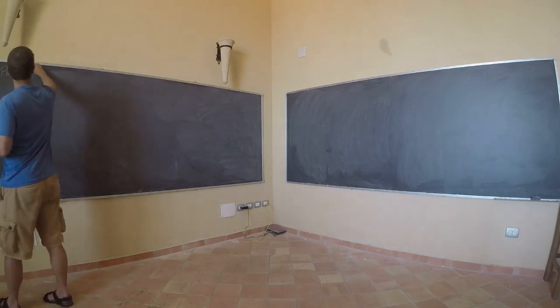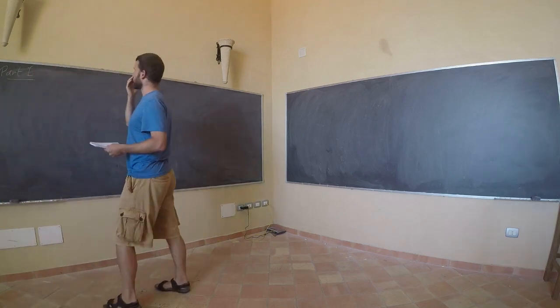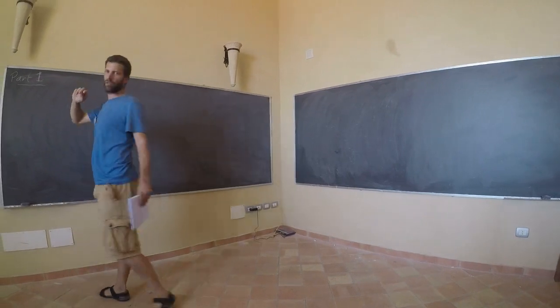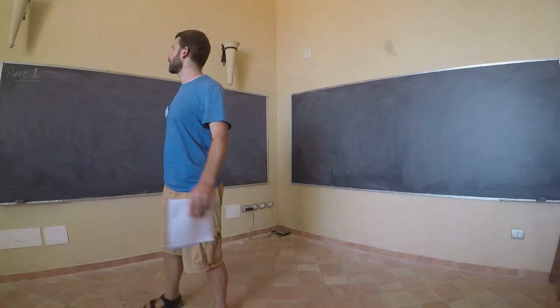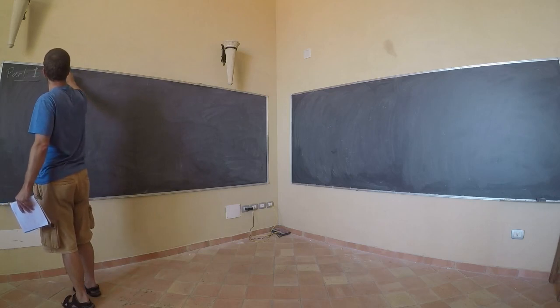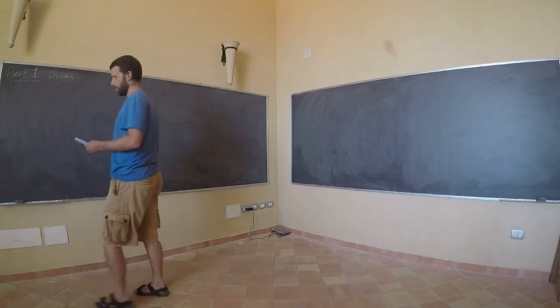Okay, so I'm going to try and do two sections to the talk. Part one is some work from a couple of years ago with my student Reza Dubry, who unfortunately has left physics now.